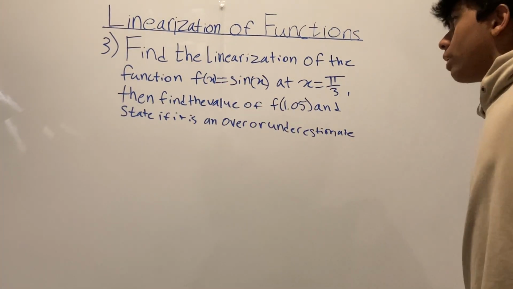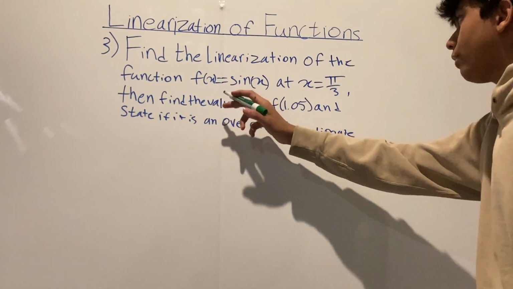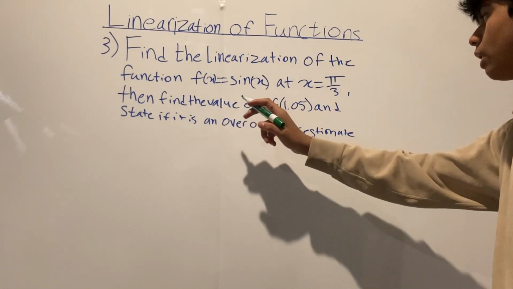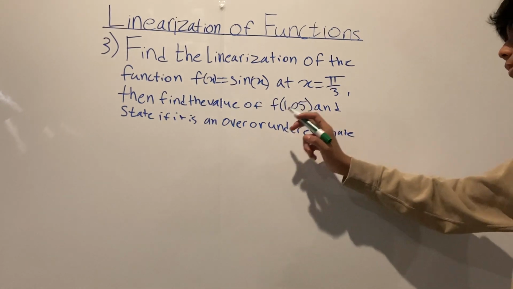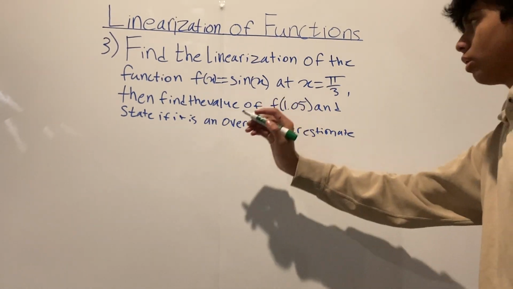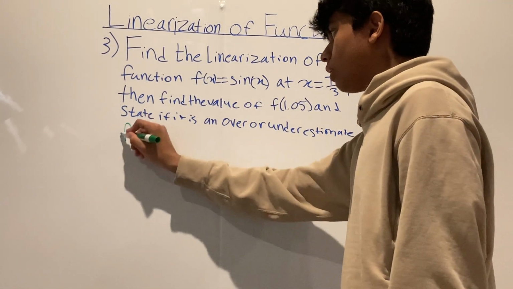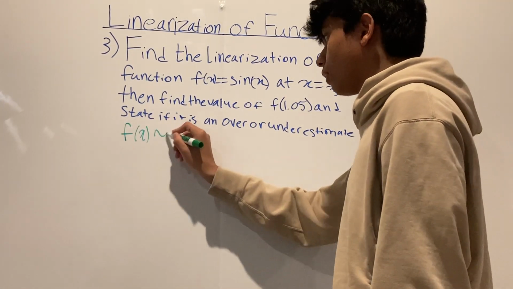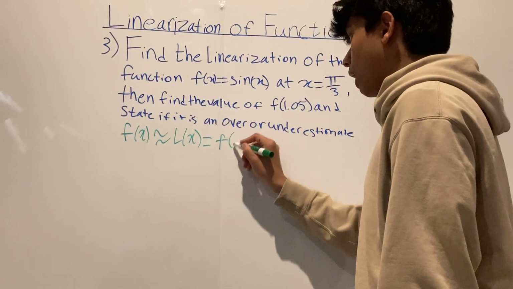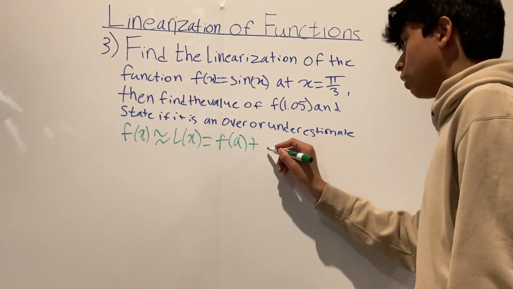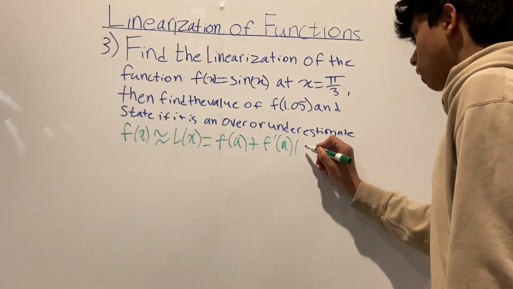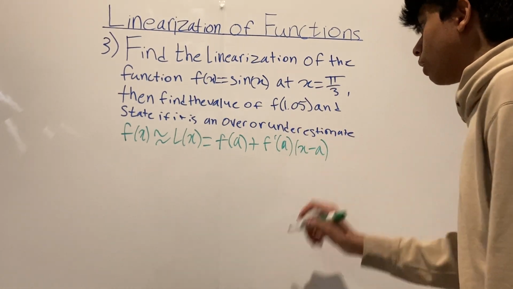Question 3, we have, find the linearization of the function f of x equals sine x at x equals pi over 3, then find the value of f of 1.05 and state if it is an over or underestimate. So let's say, once again, L of x equals f of a plus the derivative of a times x minus a.